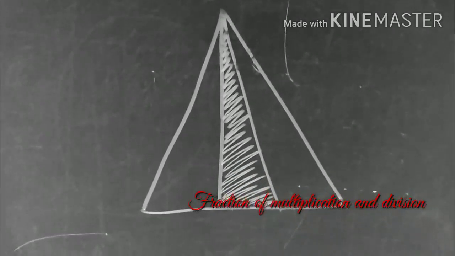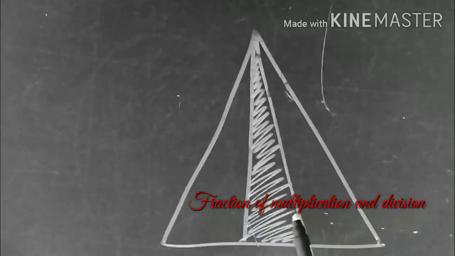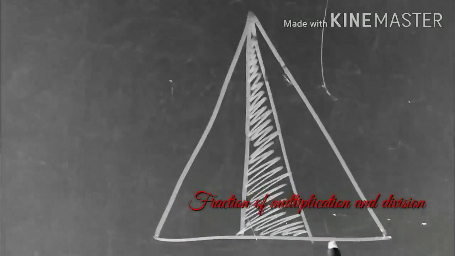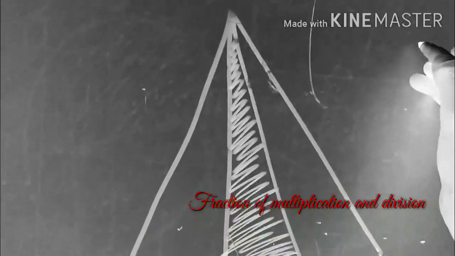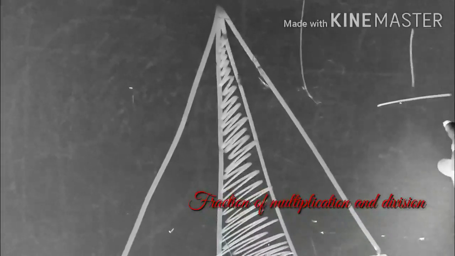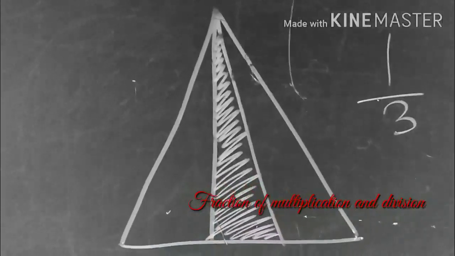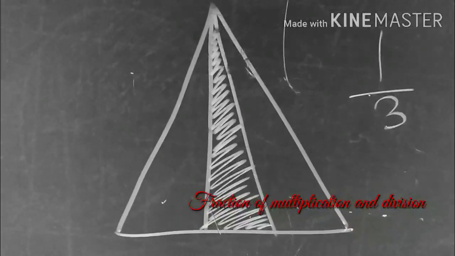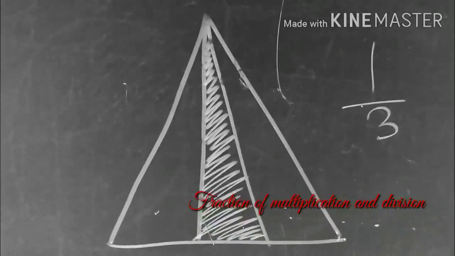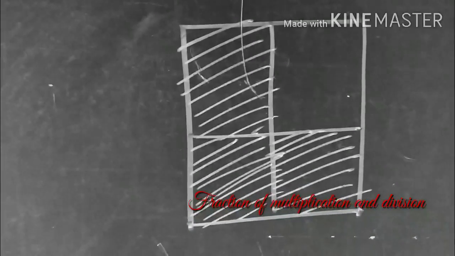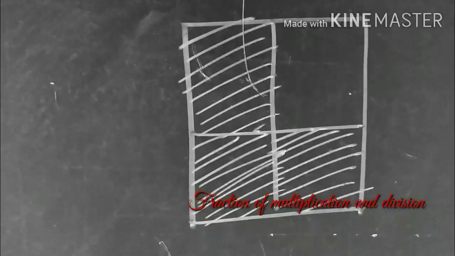Look at this triangle. How many parts? 1, 2, 3. Total 3 and the colored part is 1. So 1 is the colored part and 3 is the total part. We call it 1 by 3. This is a square.